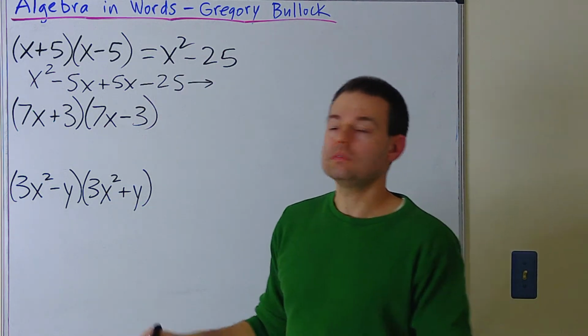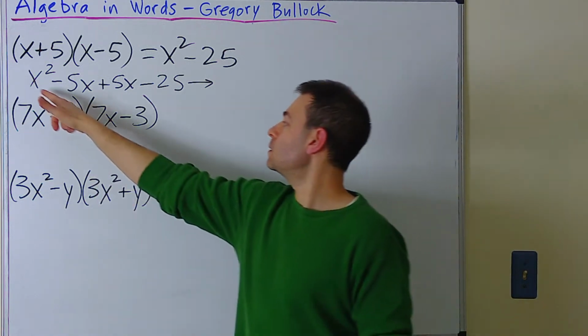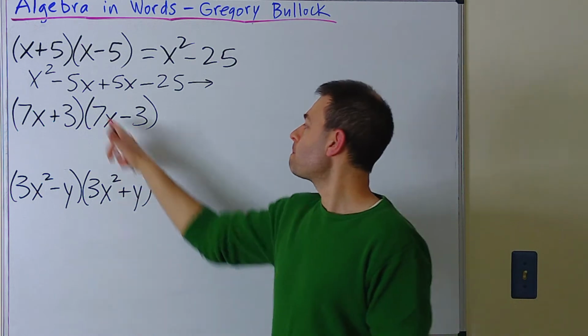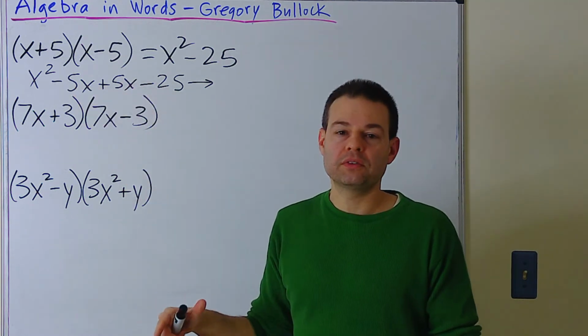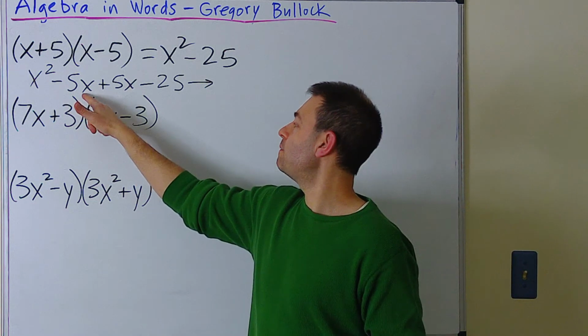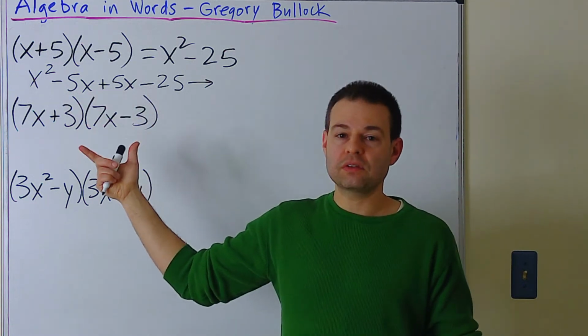Now, over to the right, let's go from left to right and see if there are any like terms to combine. And as expected, the two middle terms are alike. But if you notice, they're complete opposites. Negative 5x plus 5x cancels to 0.